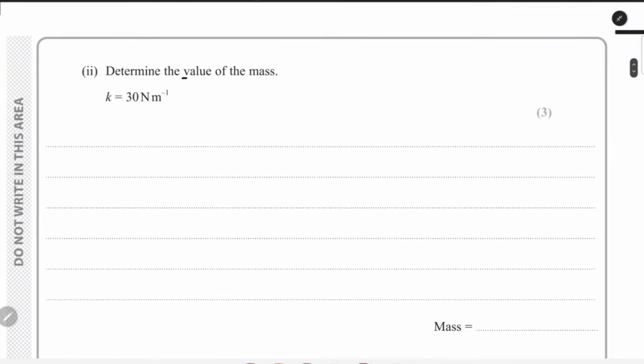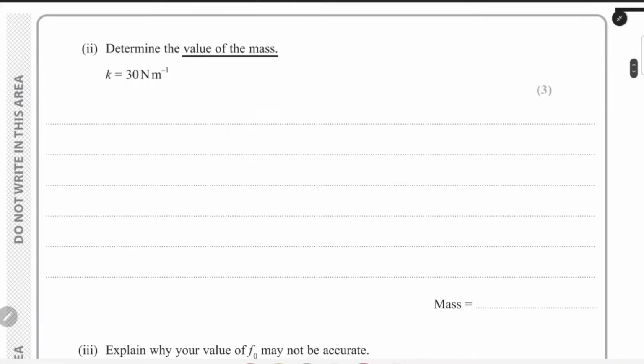Now we have to determine the value of the mass. We know that the time period is 2 pi root over m by k. We also know that t is 1 by frequency, or frequency is 1 by t. This is the more generally known term, so we can just change the places.